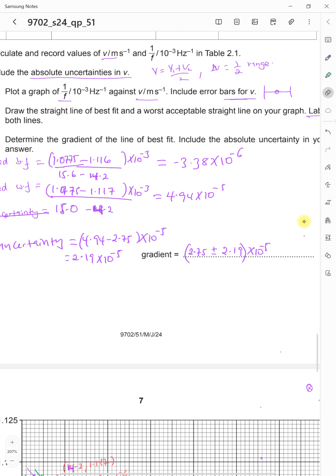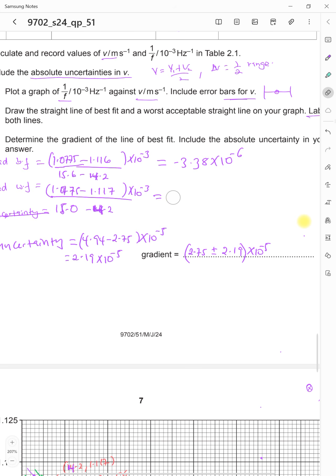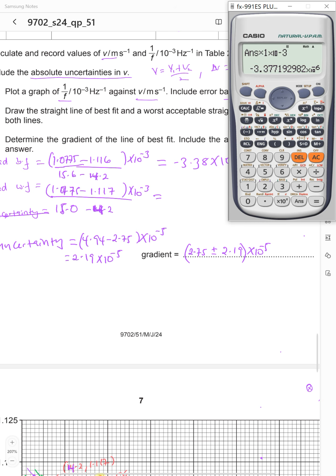Then this one is going to be 1.0775 minus 1.117 divided by 15 minus 4.2 times 1 exponent minus 3.